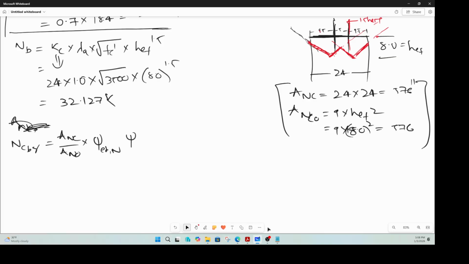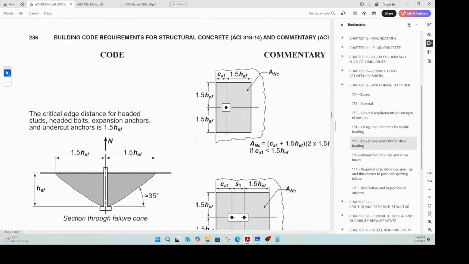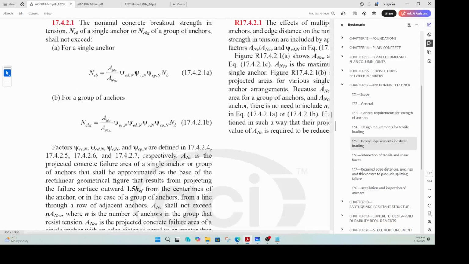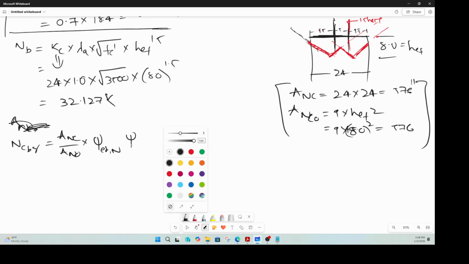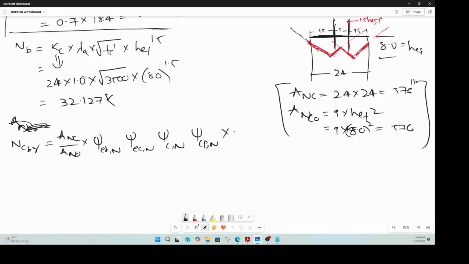So let's go back to the code. I did not memorize that equation here for Ncbg. Okay, psi ed, psi c, psi cp. So that one here is your psi ed, psi c, psi cp times your basic strength, which is that fellow there, right?